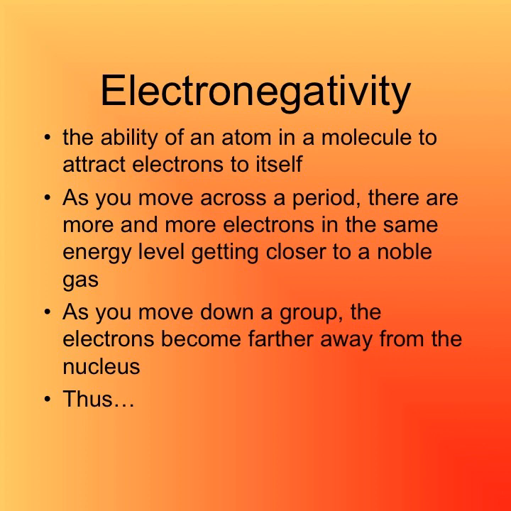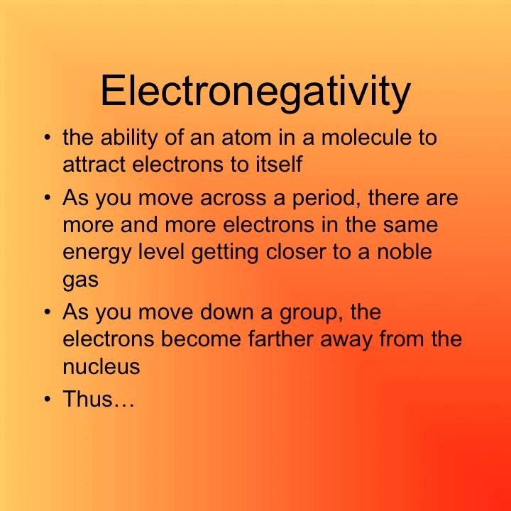As you move across a period, you have more and more electrons in the same energy level, and that means you're getting closer and closer to being a noble gas. Fluorine's only one electron away from being neon, with its electron configuration. So fluorine goes, well, yeah, I'd really like to have another electron. It has a great tendency to attract an electron to itself, because then it can have an electron configuration that resembles that of neon.